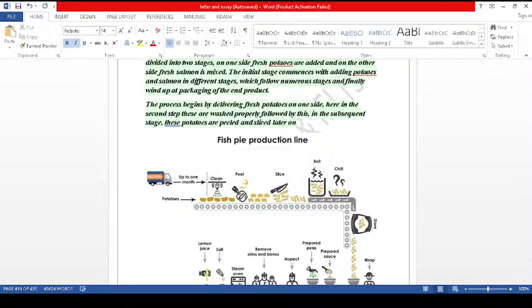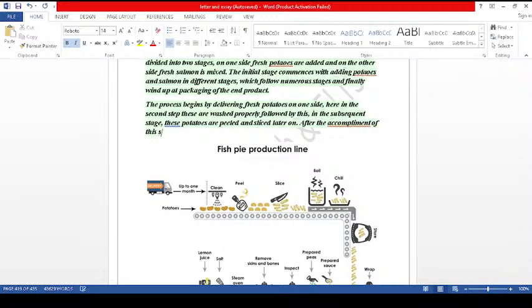Okay, after the accomplishment of this stage, potatoes are boiled.